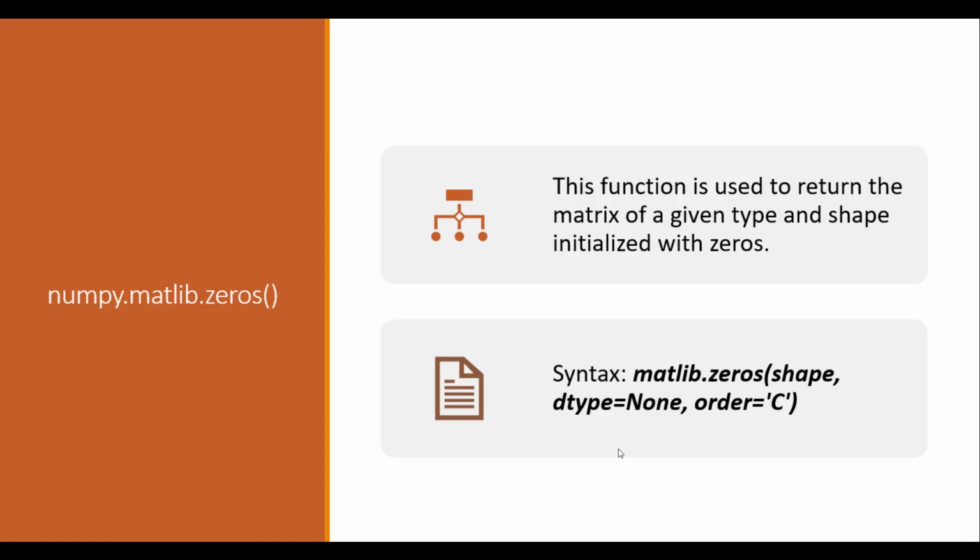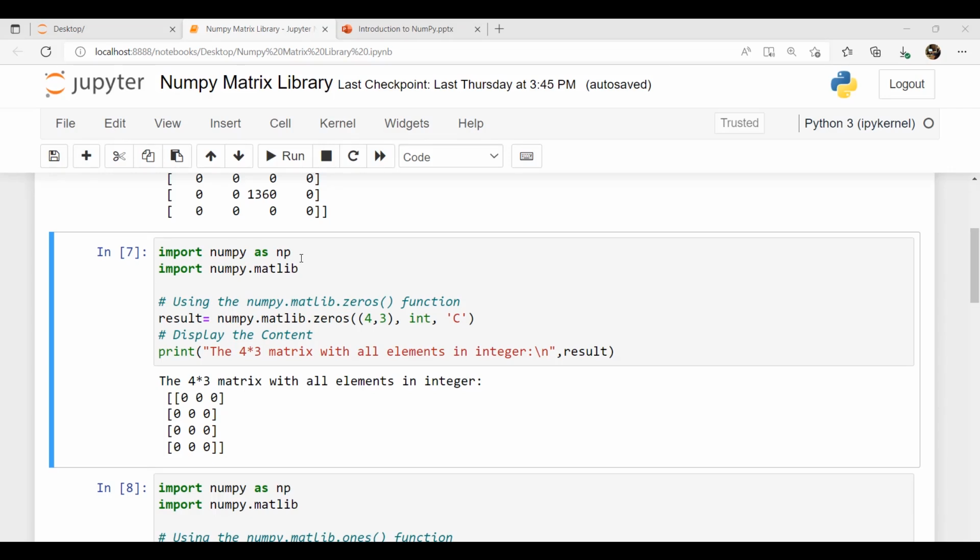Now let us see an example of how to use the numpy.matlib.zeros function with an integer value as an argument. In this example, first I have again imported the numpy library with the alias name np. After that I have imported the matlib library for matrices. Next I have used numpy.matlib.zeros.